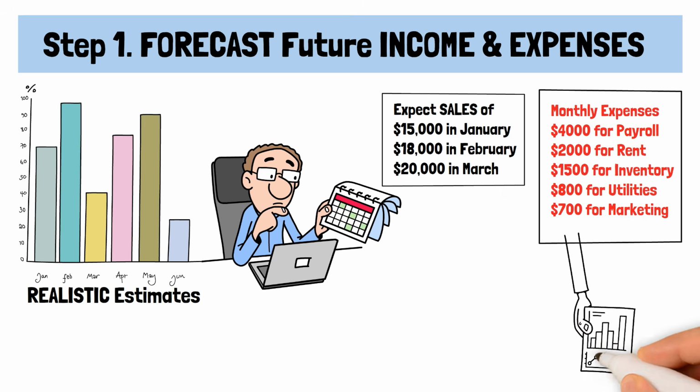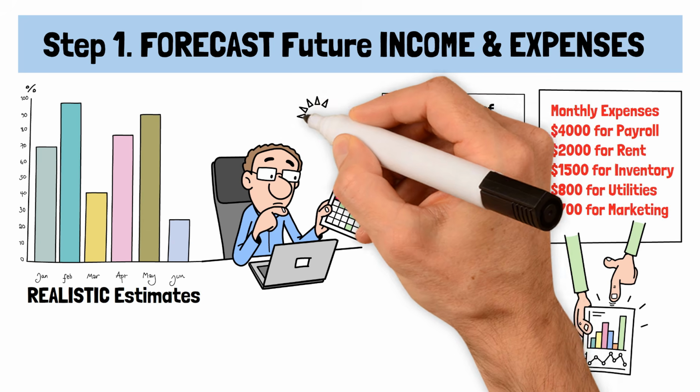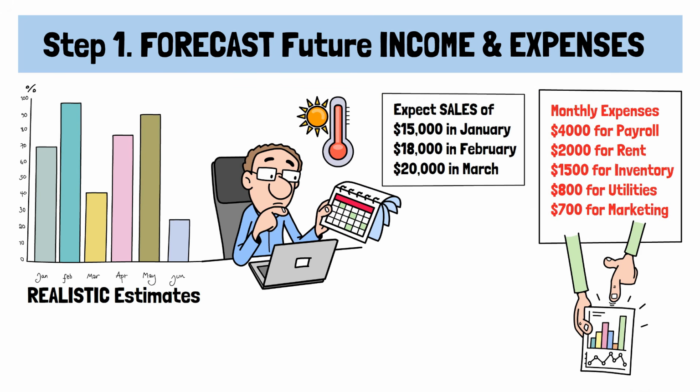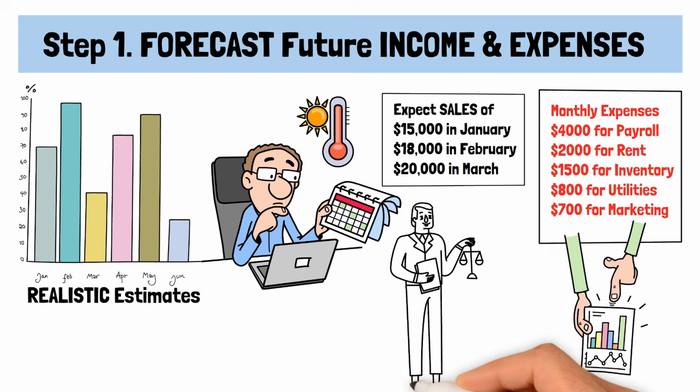By placing these numbers into a simple forecast, the owner can immediately see whether cash will increase or decrease over the next few months. If sales are expected to slow during summer, the owner can prepare early instead of reacting when money becomes tight. Forecasting also helps identify large upcoming expenses such as insurance payments, equipment repairs, or tax obligations.